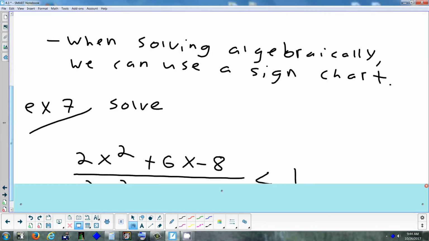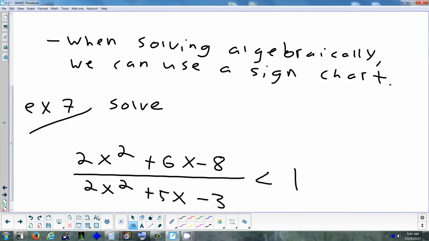Okay, so I'll do one algebraically. If we want, we could do one graphically, but I don't really think we need to do too much on the graphical stuff. But people can let me know if they want one graphical. Okay, so let's solve that.